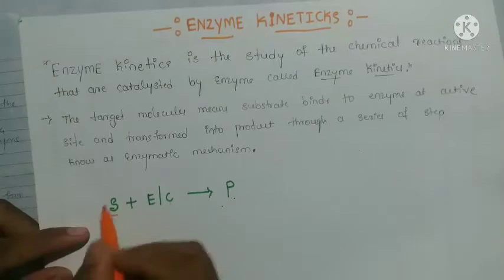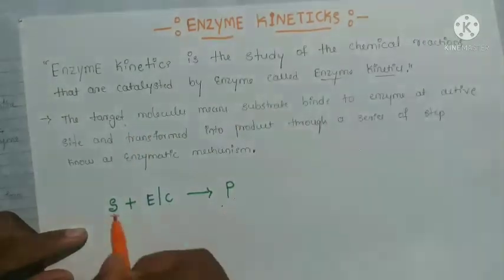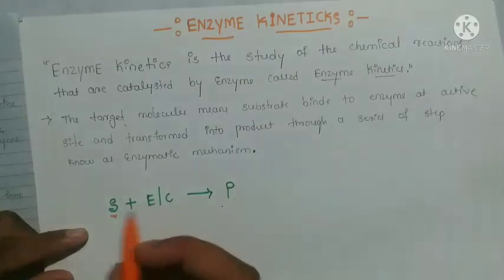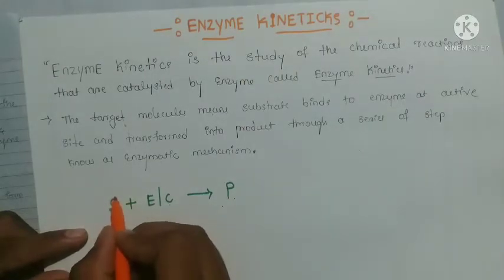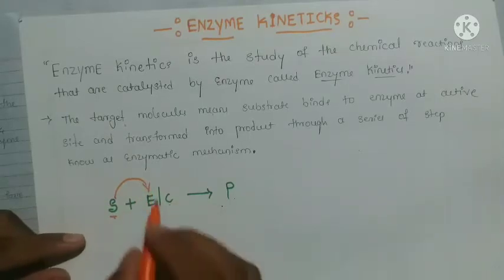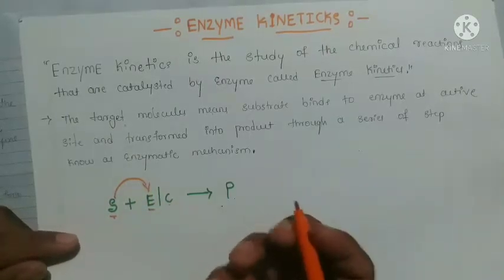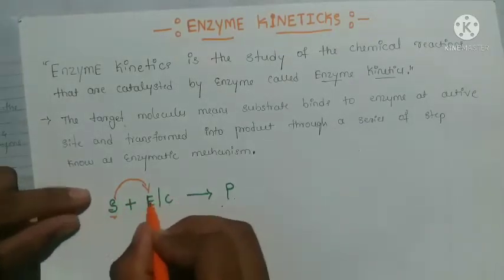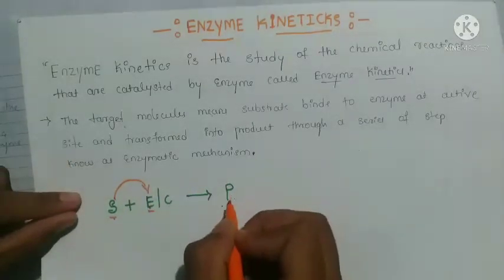The target molecule, meaning the substrate or reactant, binds to the enzyme at the active site. The enzyme has an active or allosteric site; the substrate binds to it and is transformed into a product.